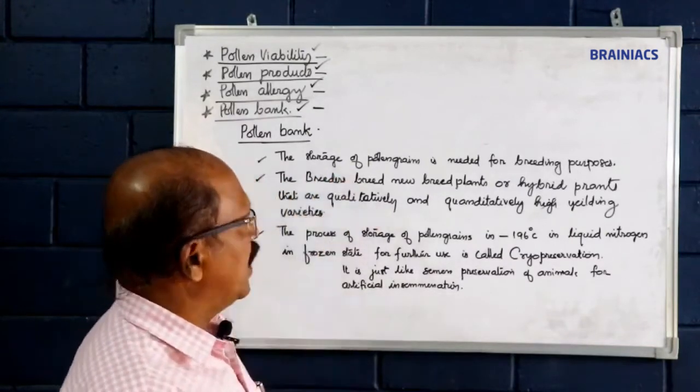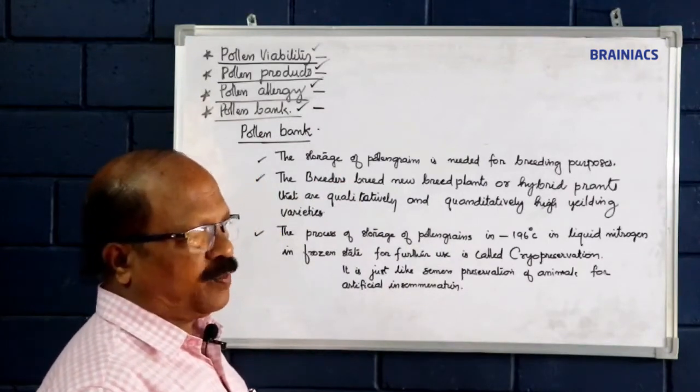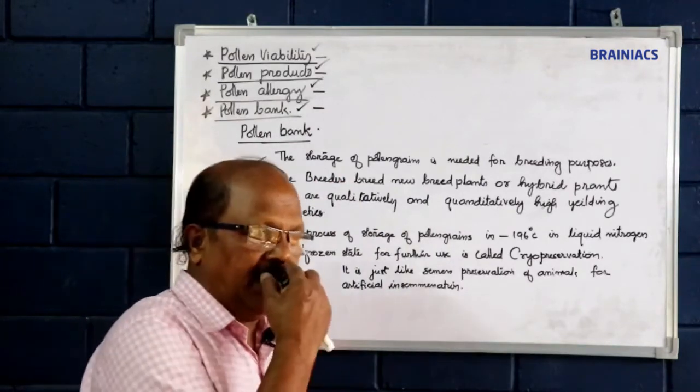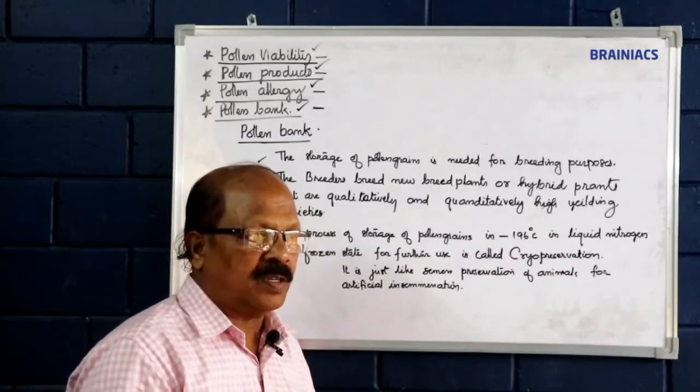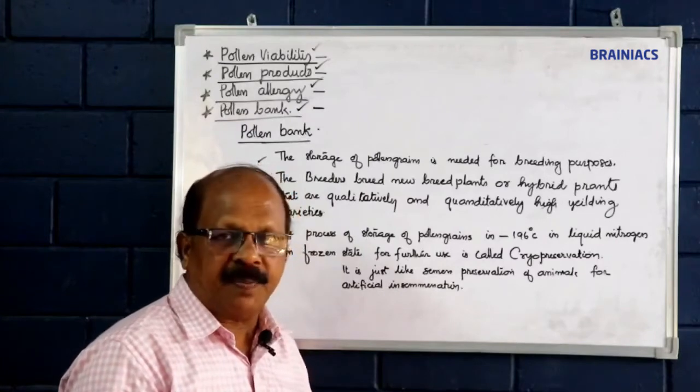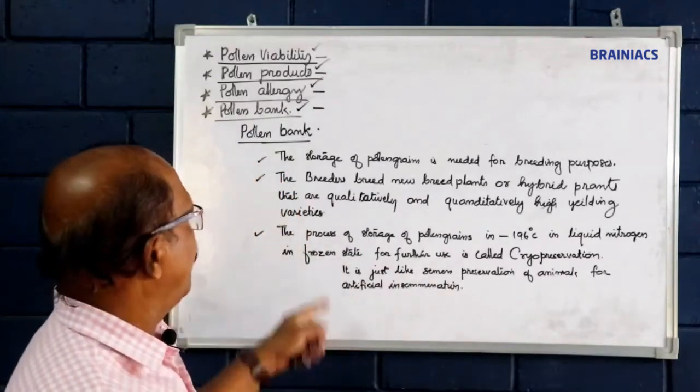See, the storage of pollen grain is needed for breeding purposes. Various plants nowadays, this is the era of cross variety plants production and animals for man's use.